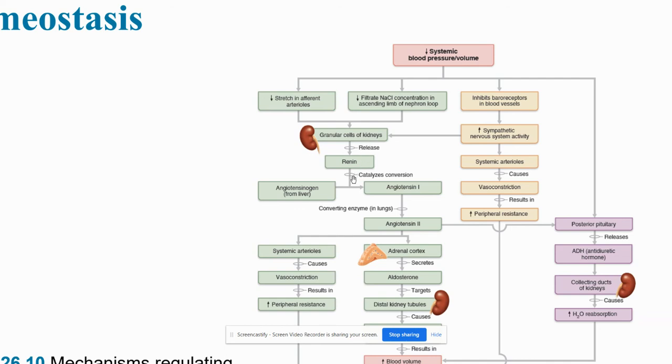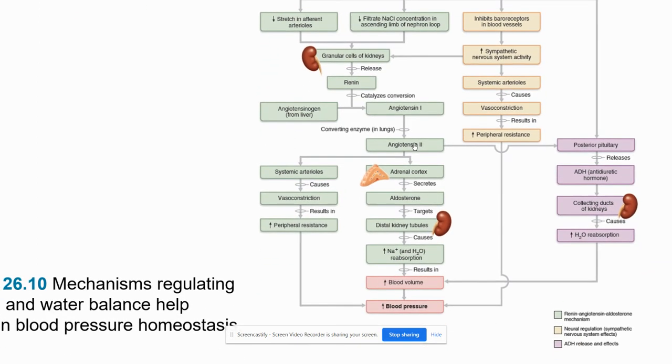Renin is going to catalyze the conversion of angiotensinogen to angiotensin I. That gets converted to angiotensin II. This does a couple of things. It's going to stimulate the adrenal cortex to secrete aldosterone, which is going to target the kidney tubules, which is going to cause an increase in sodium and water reabsorption, which is going to increase blood volume and blood pressure.